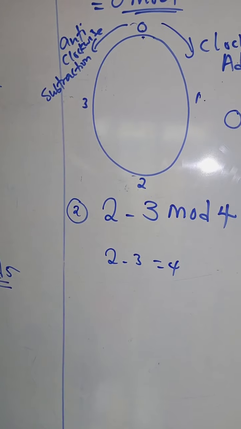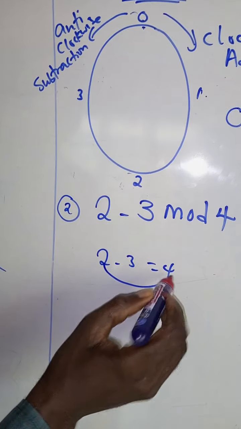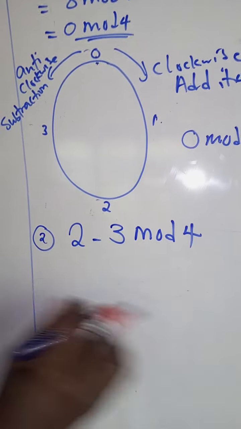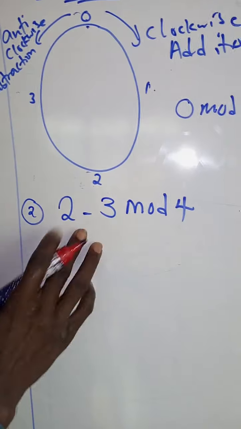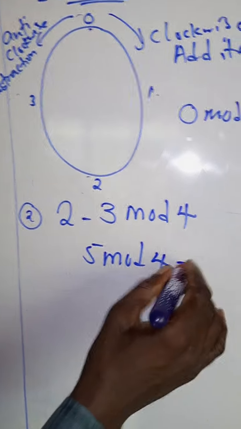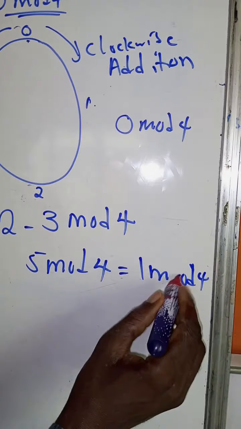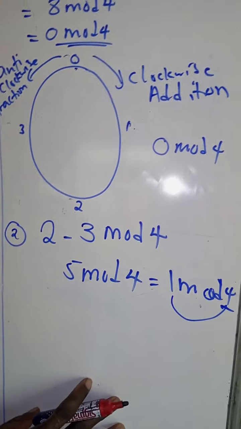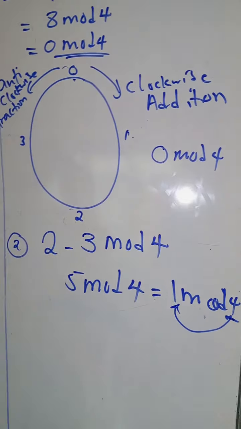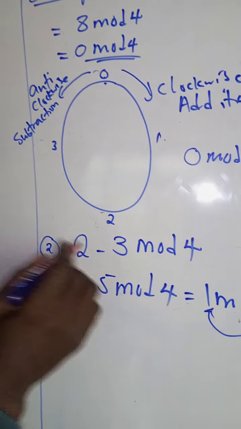Of course, in this one we could get a bigger number here. I've said it before: if you have 5 mod 4, our answer would be 1 mod 4. And if it is 1 mod 4, it's just like adding your answer to your modulus before you get the real value. So it's still the same thing here.